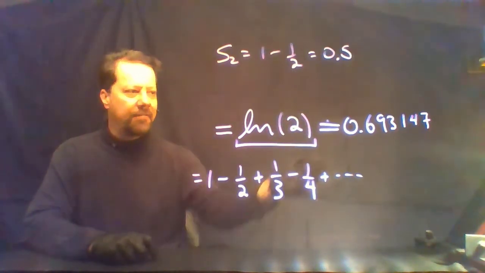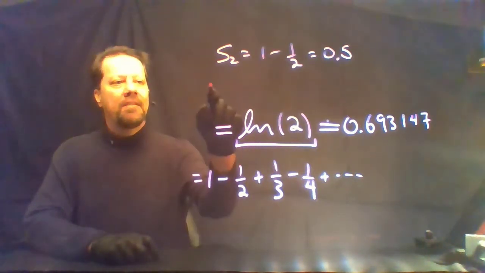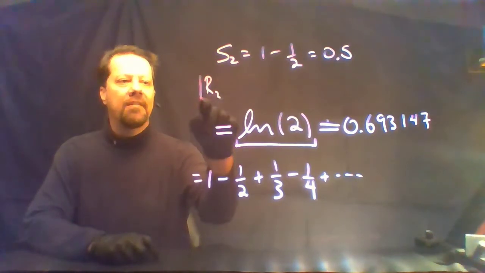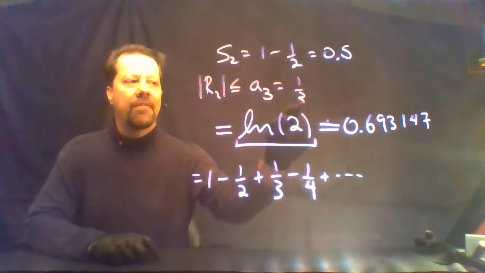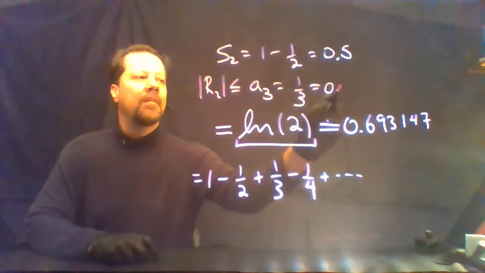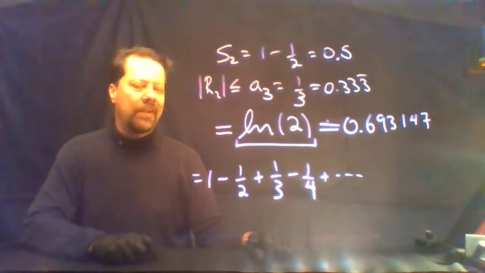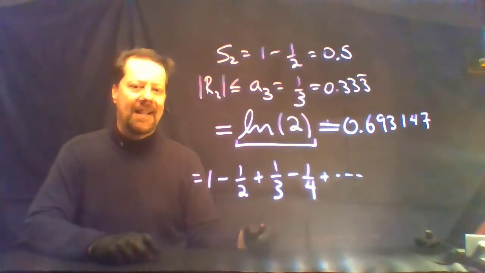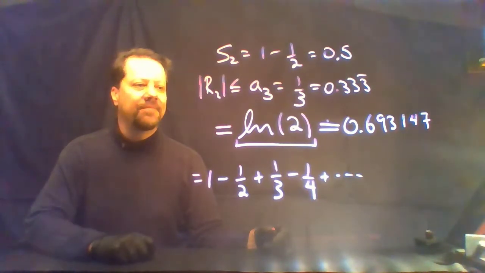How far off are we from the actual value of the sum? Well, the remainder is no worse than a sub 3, which is 1/3, and we are certainly no more than 0.3 off from our actual answer. In fact, we're about 0.19-ish off.